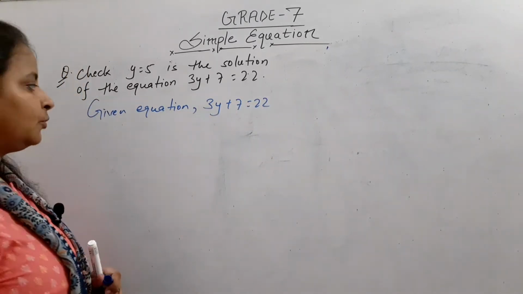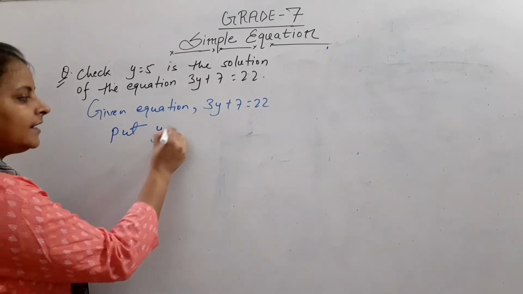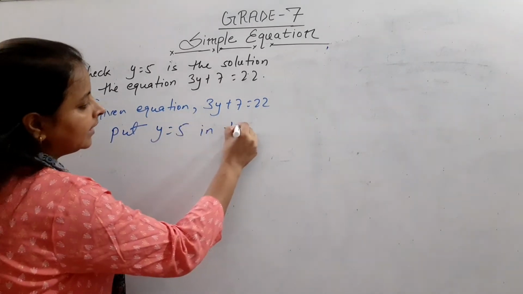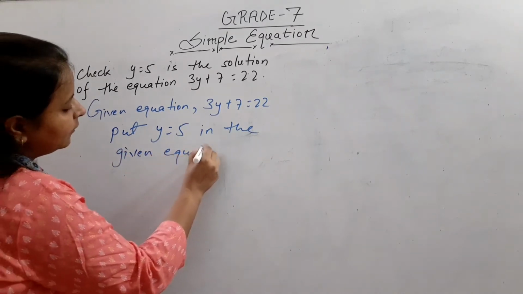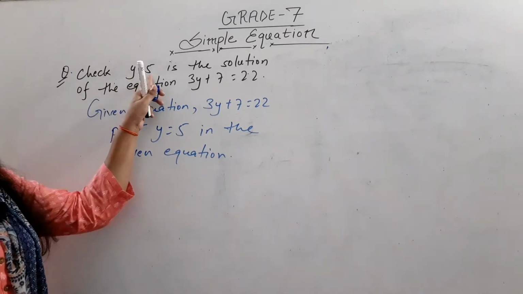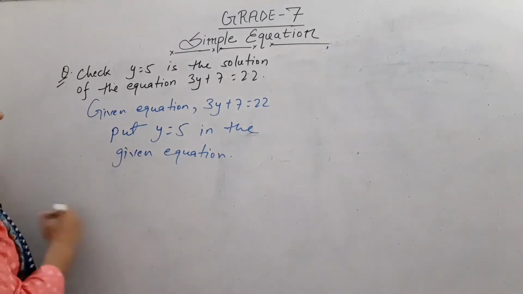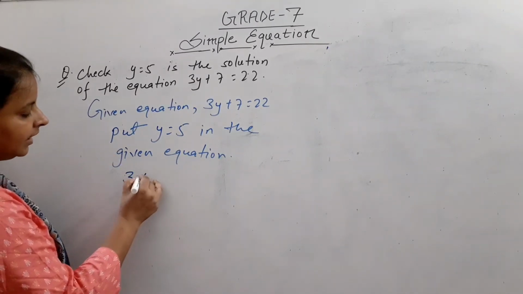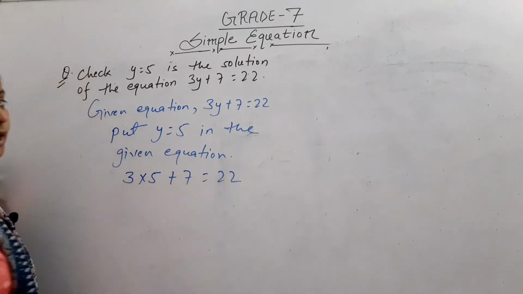Now what we do, students, we put y = 5 in the given equation. Which value is given to us? y = 5. We put y = 5 in the given equation and the equation becomes 3 × 5 + 7 = 22.